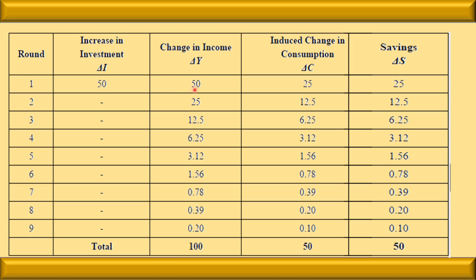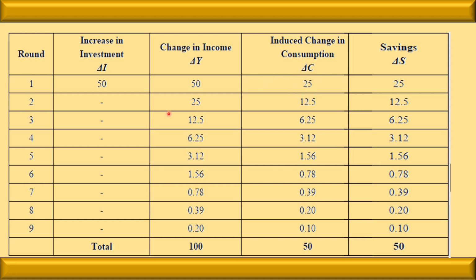Workers will consume 50% and save 50%, because it is presumed that they will consume 50% of the income and save 50% of the income. So they have decided to consume 50% of the income, that is 25 crore they will consume and the remaining 25 crore they will save.